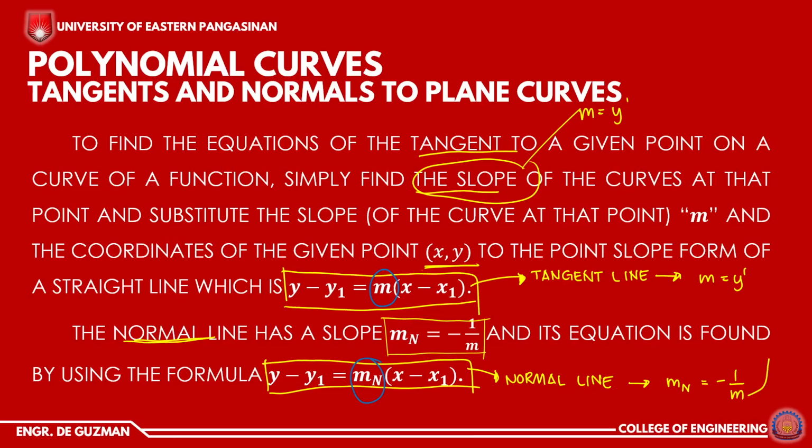So, yung m na to is yung m na nakuha natin dito sa tangent line. So, sana na-gets nyo yun. And negative reciprocal siya. When we say reciprocal kasi, pinagbaliktad lang. So, ito yung mga tandaan na formula sa pagkuha ng mn and ng m.